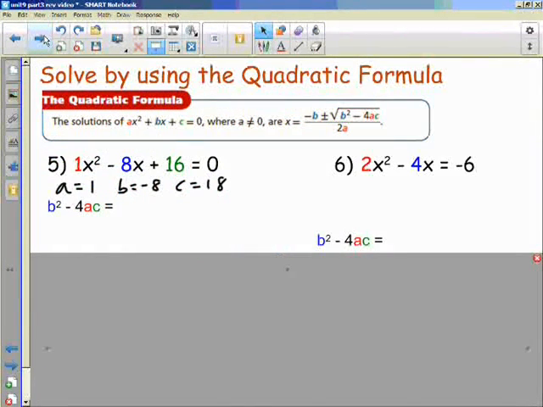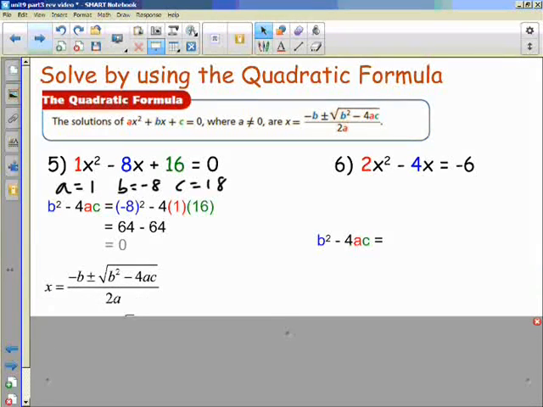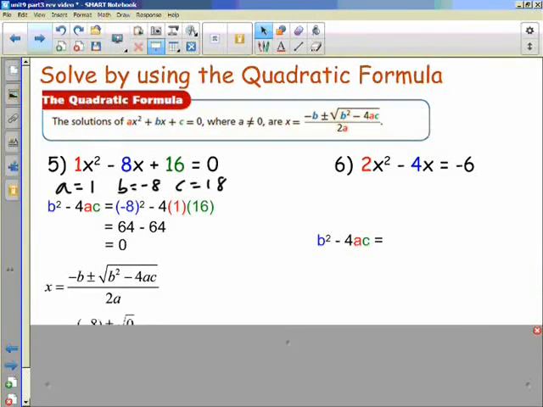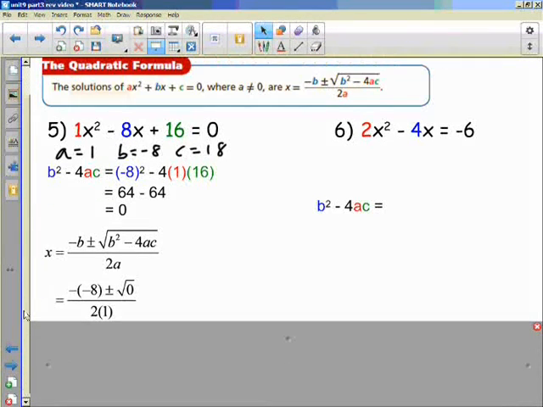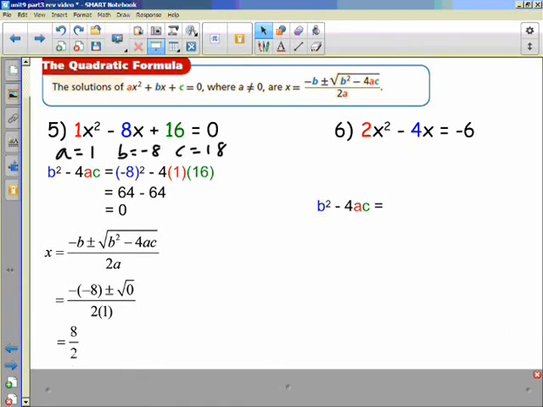So when we come in here, we'll be able to just plug in to our quadratic formula. X equals negative b plus or minus the square root of the discriminant. That's 0 in this case, and so we'll end up with just one solution.